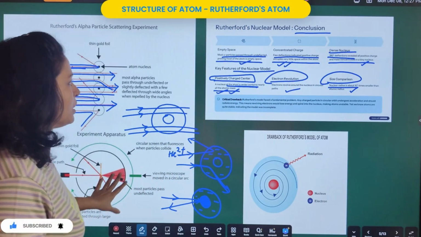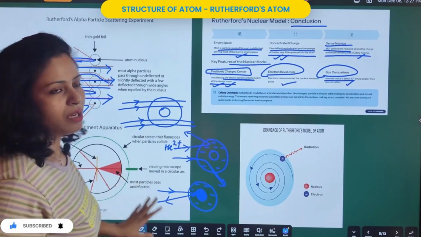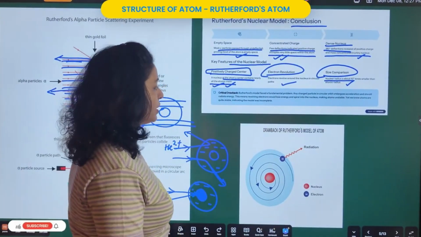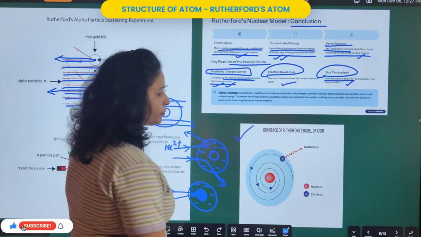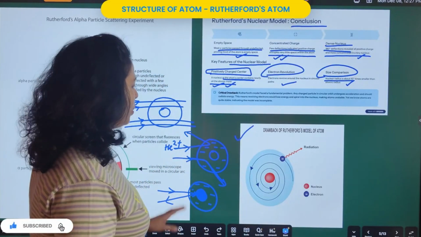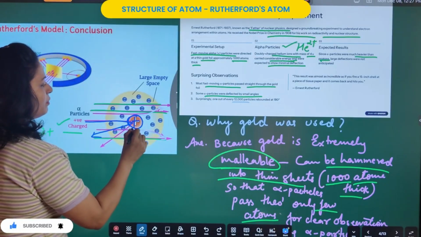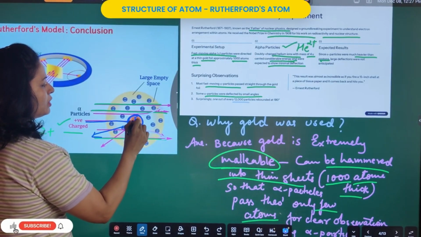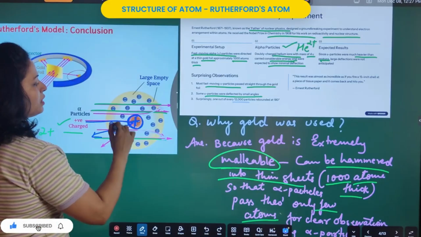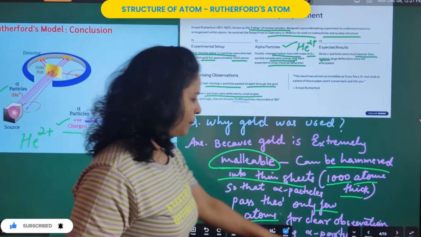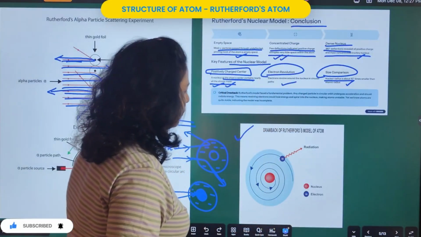Okay, so this was the experiment conducted by Rutherford, but there was a drawback also. As I told you, Rutherford said that the mass and positive charge are in the nucleus, and electrons are revolving around it. Now what happens when the electrons are revolving around it?